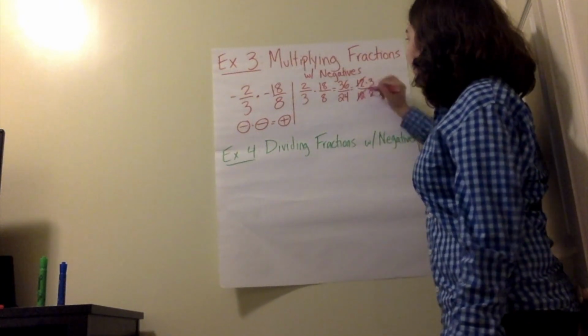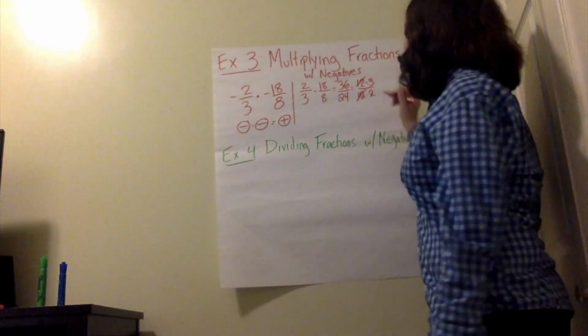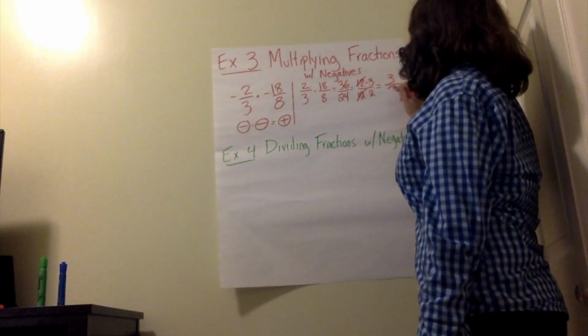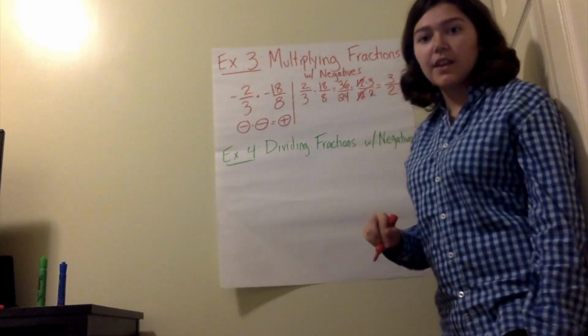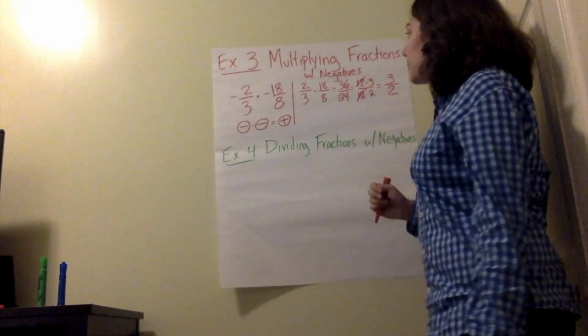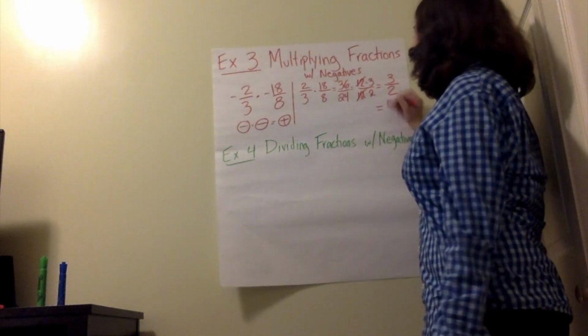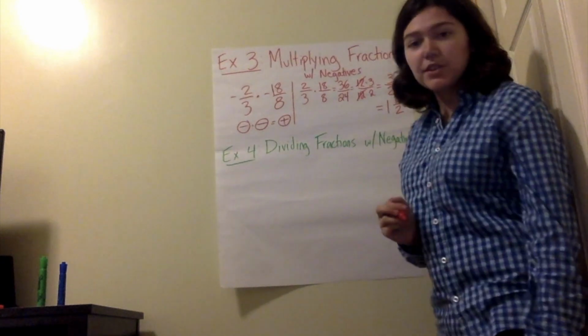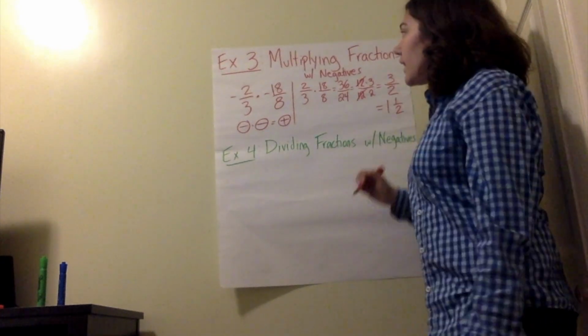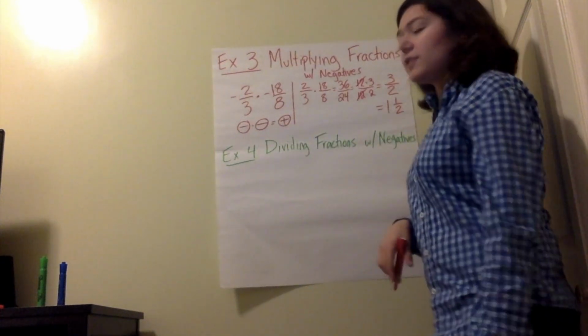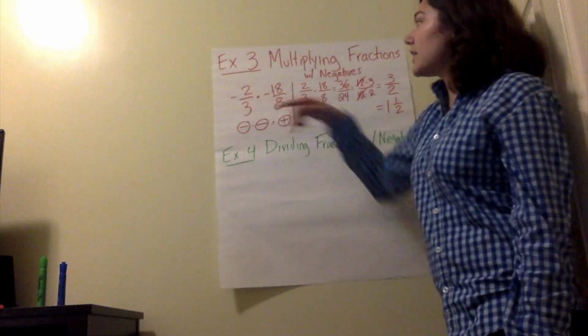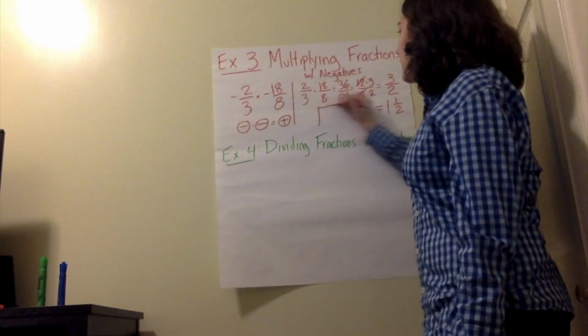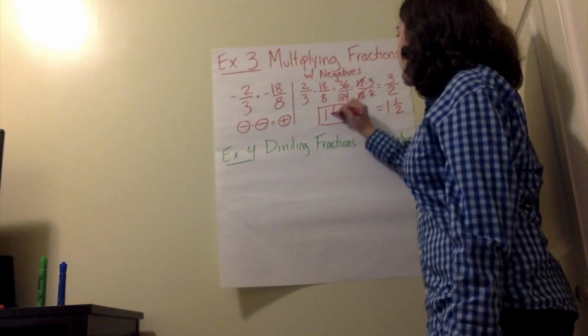So I can cancel out those 12s, and I'm left with 3 over 2, or 3 halves. That's in my simplified form. I could also make that 1 and 1 half if I want to turn it into a mixed number. And my answer is going to be positive here, like we talked about, because we had a negative times a negative. So my final answer is going to be 1 and 1 half.